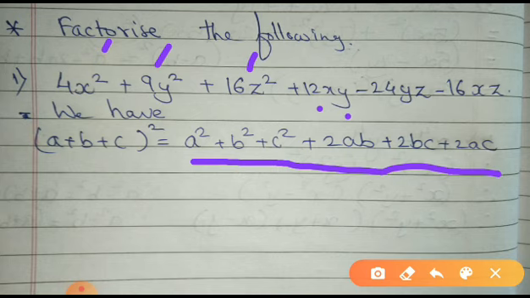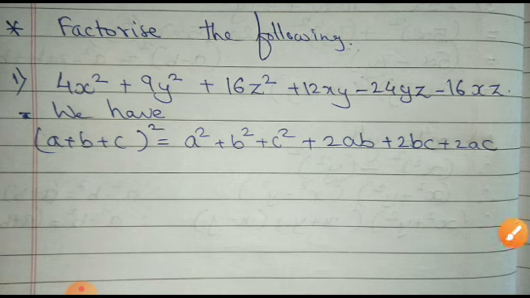Now see, the next is minus 24yz. So one is positive, the other is negative. Here it is minus 16xz. That means my z, that is your c quantity, will be negative, your a and b will be positive, and that c will be your negative.